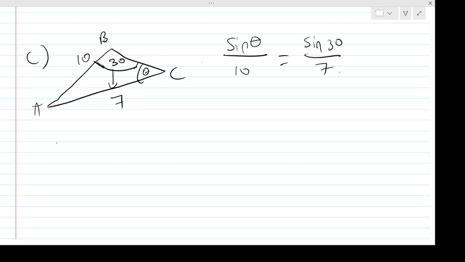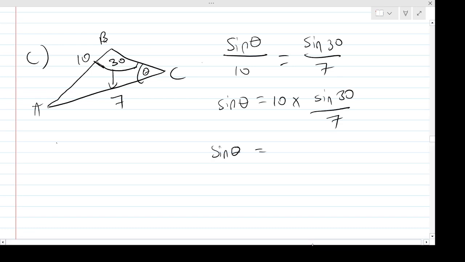And so therefore then, sine theta is 10 lots of sine 30 times 7 over 7. And if I put all that in a calculator, I get 5 over 7.